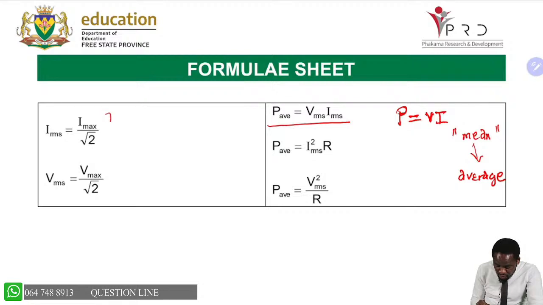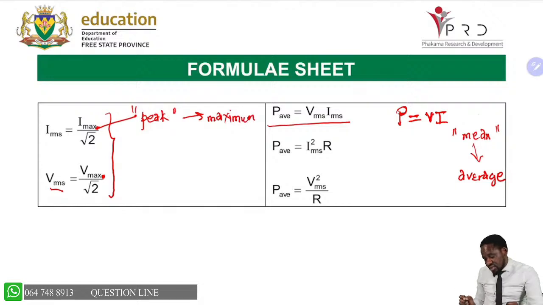So this is the formula again for determining either VRMS or peak voltage. This is the maximum voltage. So peak means maximum. The term peak will refer to the maximum, be it the case of current or potential difference.